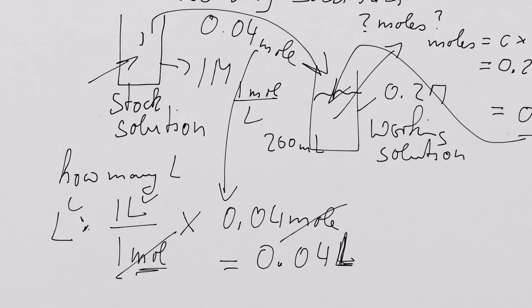So what we actually did was, we first calculated how many moles we want in our working solution, and then we calculated how many moles we have to take out from our stock solution. Make sense?